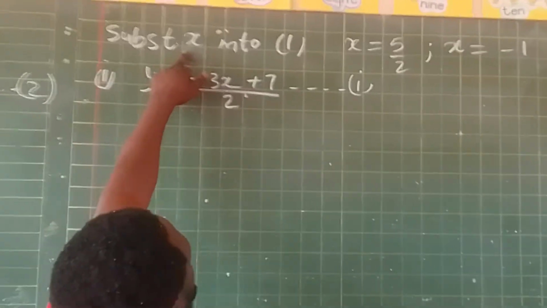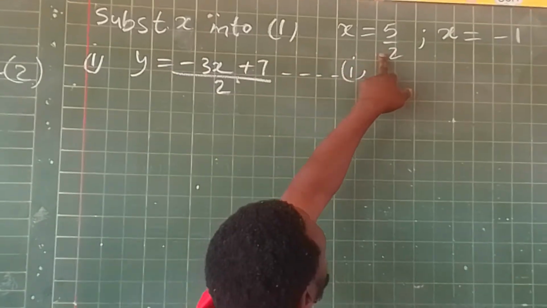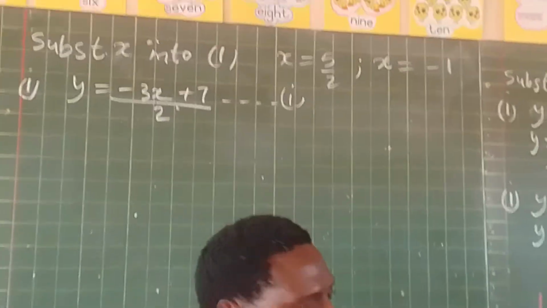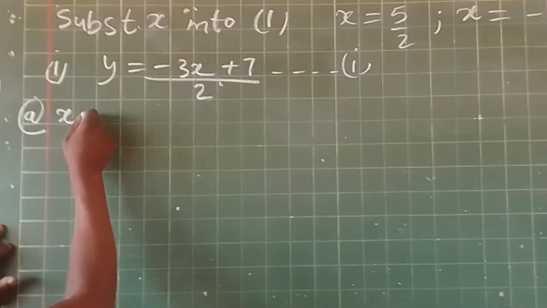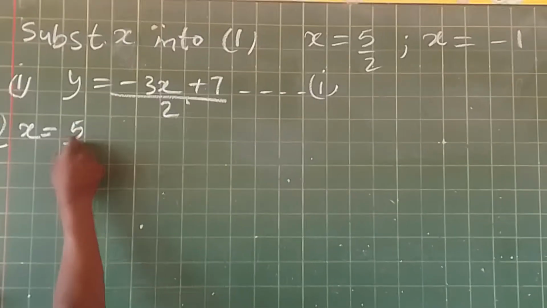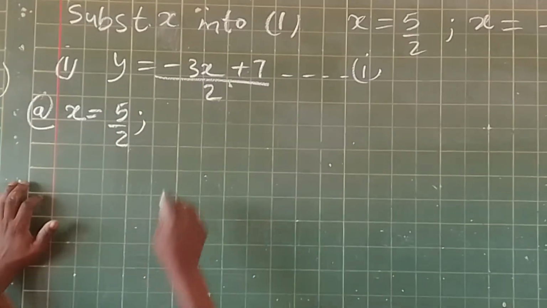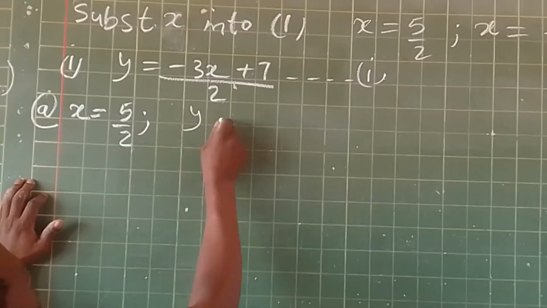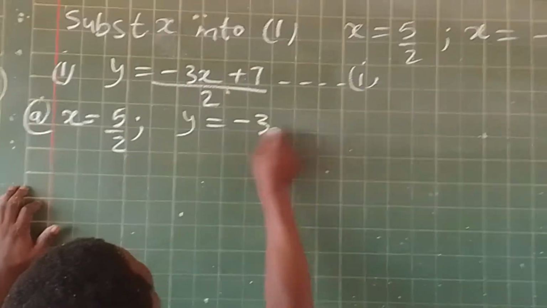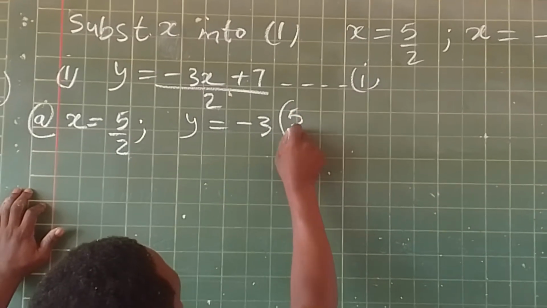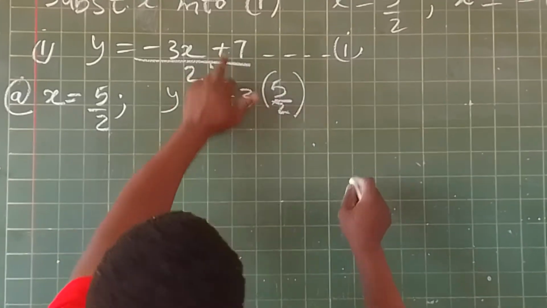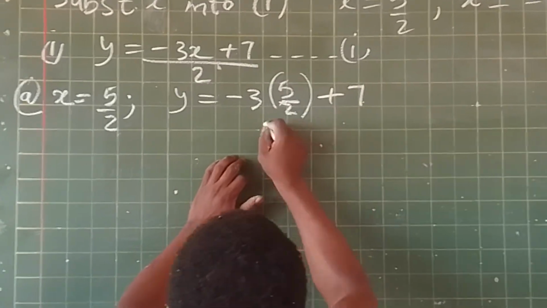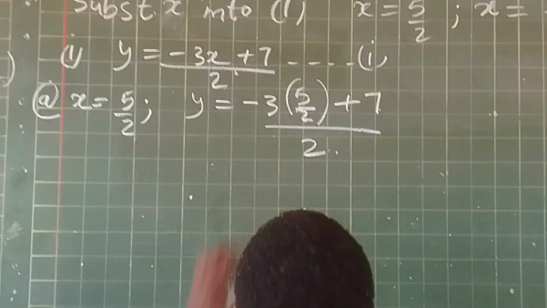Now we're going to substitute the value of x. x is 5 over 2 or x is minus 1. At x equal to 5 over 2, your y is going to be minus 3 multiplied by 5 over 2 plus 7 over 2.